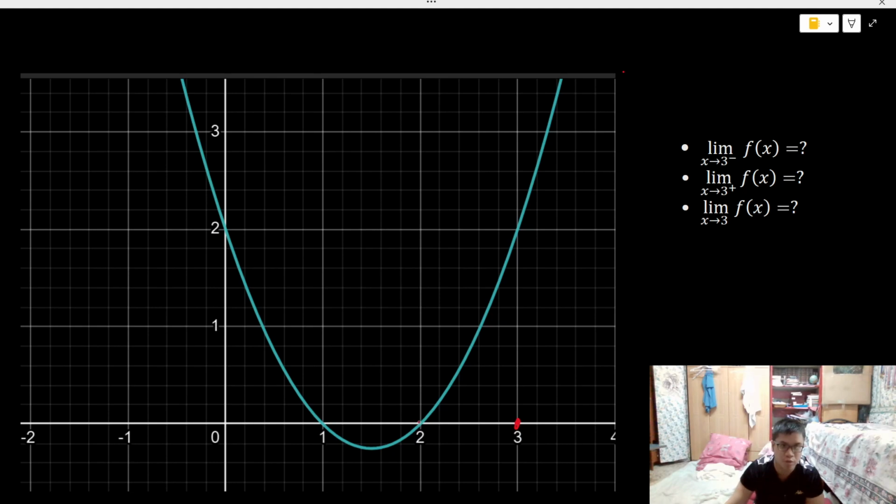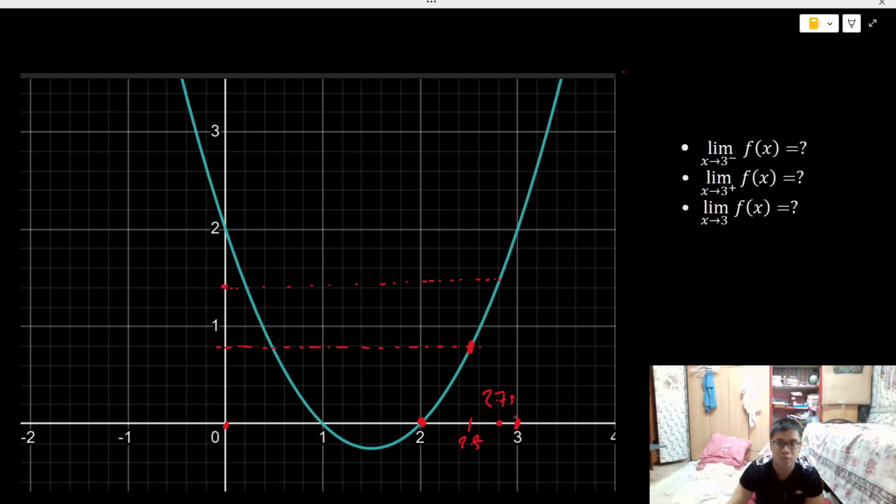Start with 2. If you start with 2, you have the value of 0. How about midway, let's just say 2.5? So you are closely approaching 1. How about, let's assume that this is 2.75? Then your y value approaches closer to 1.5, or midway to 1 and 2.